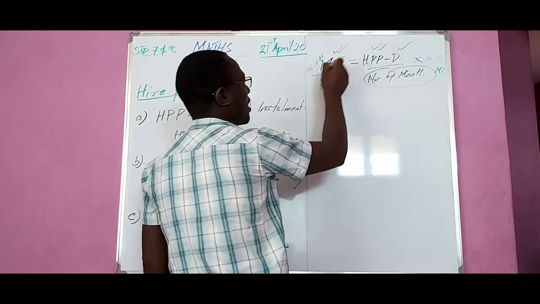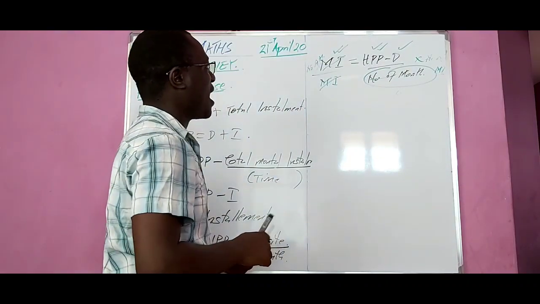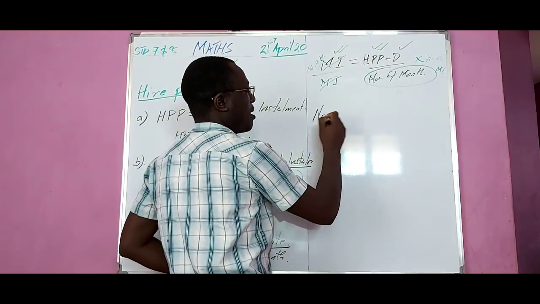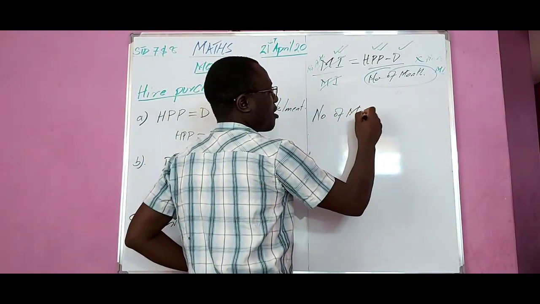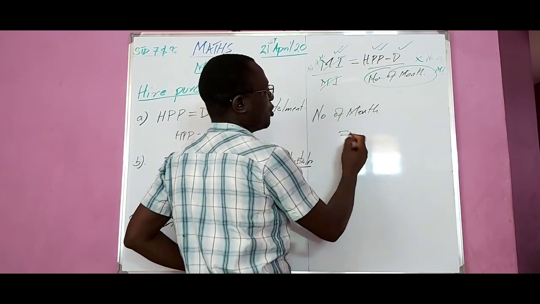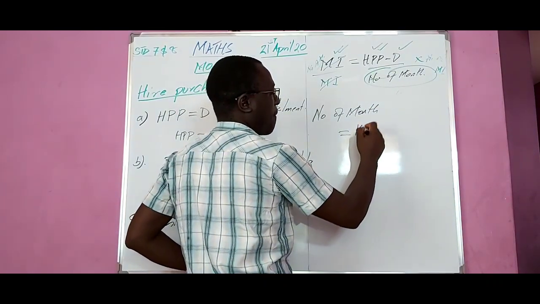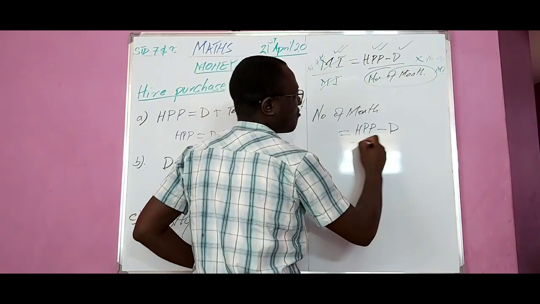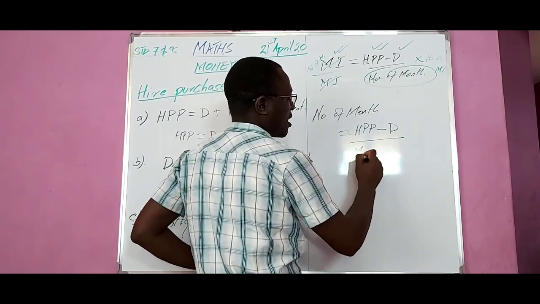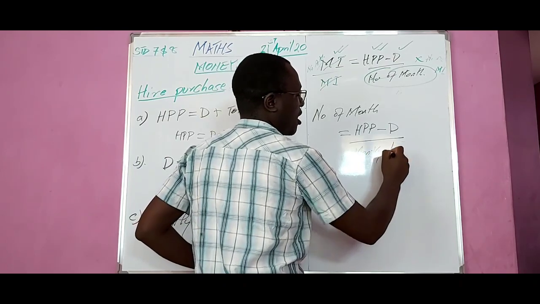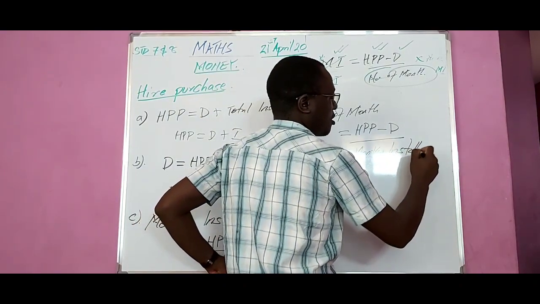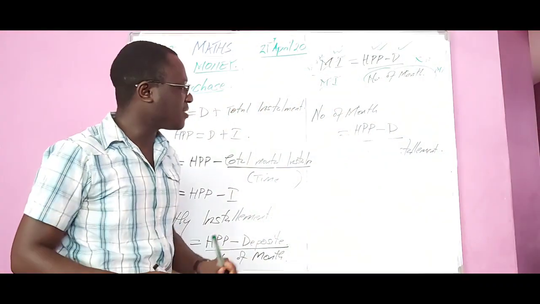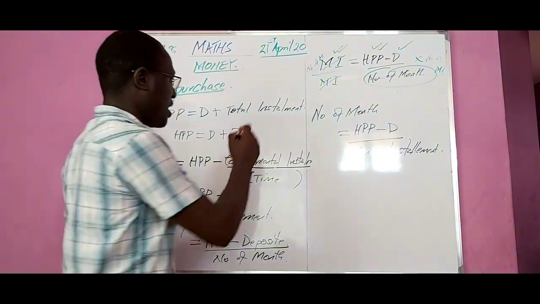This one cancels with that one. And we shall have our new formula as number of months is equal to hire purchase price minus deposit divided by monthly installment. And that is our third formula, that is D.